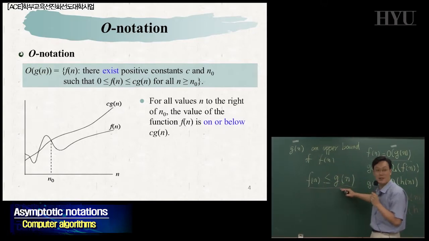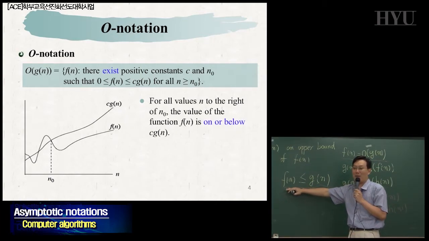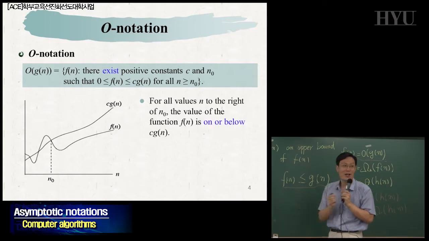In this case, g of n should be bigger than or equal to f of n, but here we can multiply a constant c to g of n.